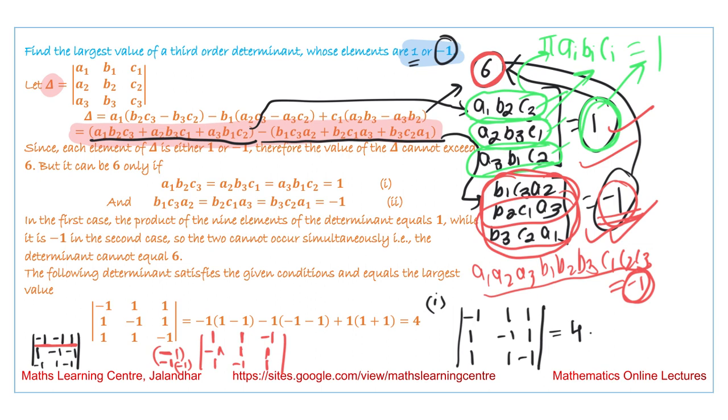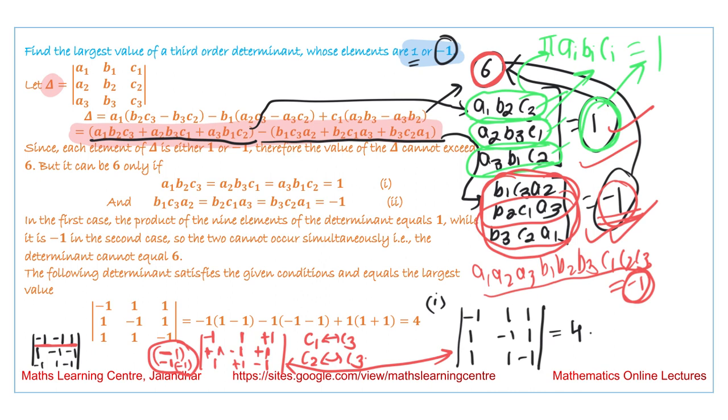Now I am performing the operation where column 1 and column 3 are interchanged. This will become negative, and these two will become positive. Now I am interchanging column 2 and column 3. This will become negative, this will become positive. So both these matrices are the same except for this negative sign.